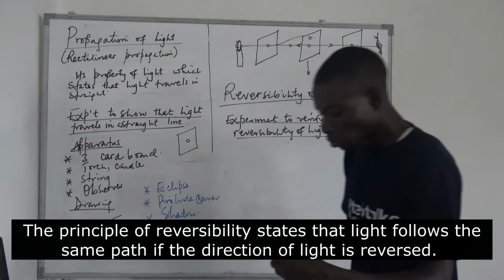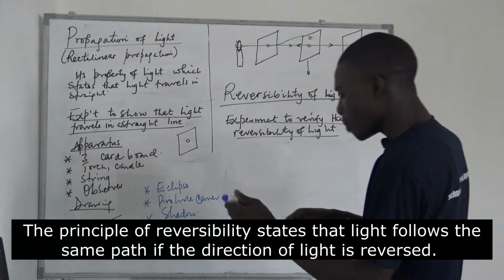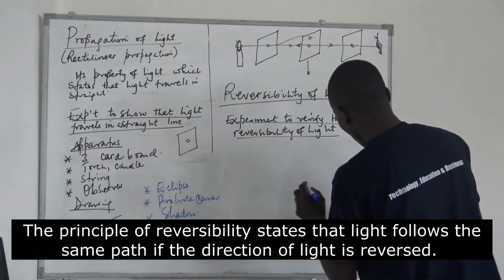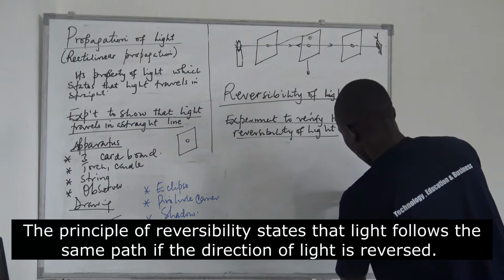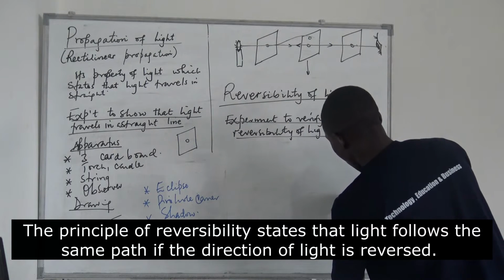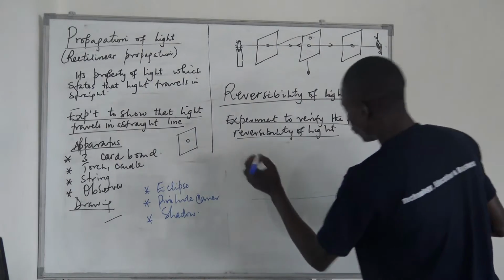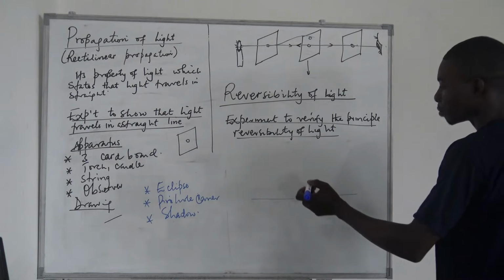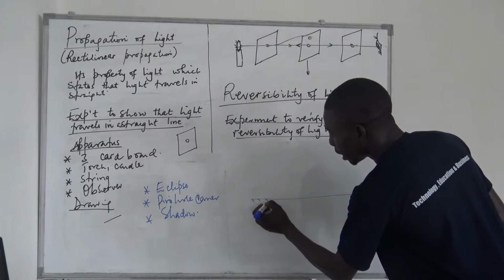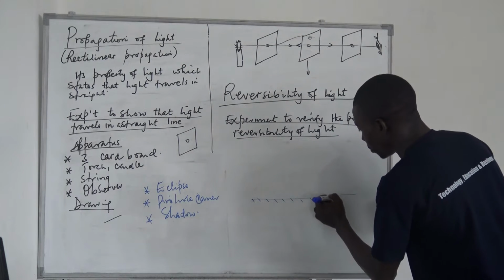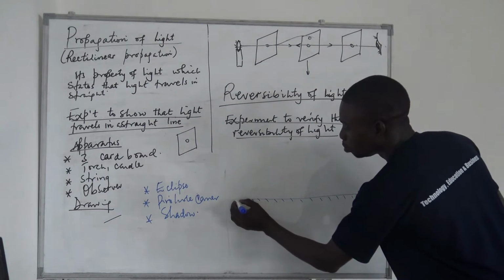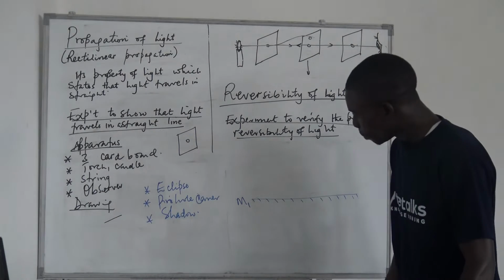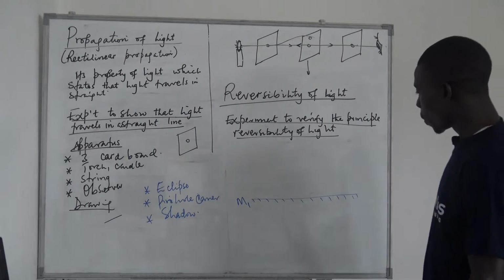We can look at an experiment to verify that after looking at reflection of light from a given surface. I can have my board, you get a sheet of paper, draw a line, and the outline of that will be representing our mirror M1. Is that okay? That will be our mirror M1.